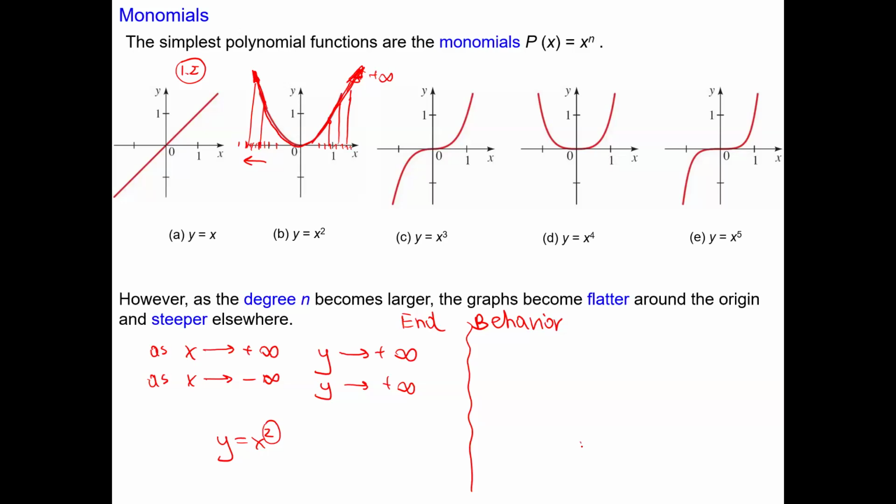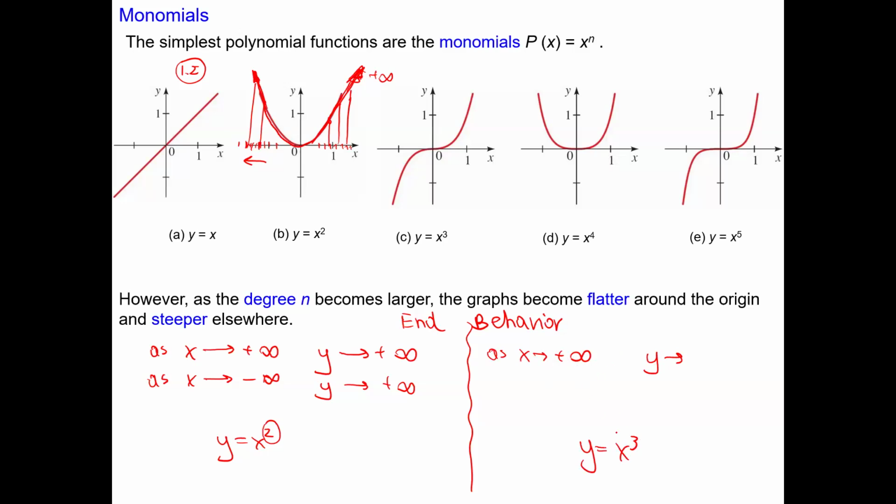Okay, let's take the function x cubed, for instance. What is happening with the function as x goes to positive infinity, for the function y defined as x cubed? We can think algebraically. Of course, infinity is not really a number, so we cannot really involve infinity in arithmetic operations.